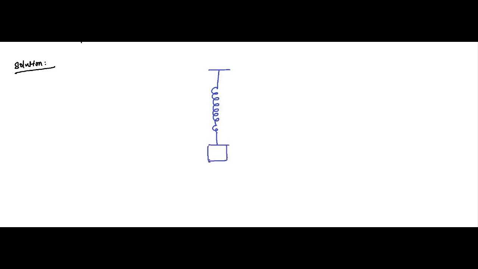It is hanging vertically, and it already has an elongation of 15 millimeter. It is elongated already, from this position up until this point. So this elongated position is the equilibrium position, with the gravity force acting downwards.